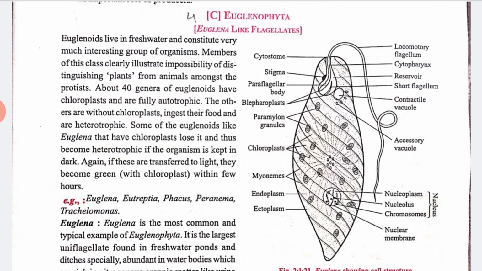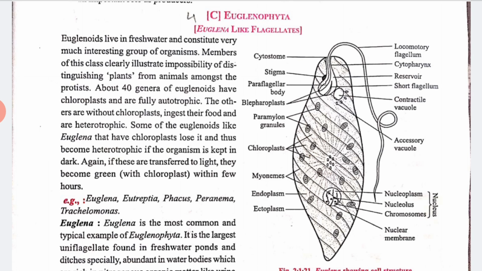About 40 genera of euglenoids have chloroplasts and are fully autotrophic. The others are without chloroplasts, ingest their food and are heterotrophs. Some euglenoids like Euglena that have chloroplasts can lose them and thus become heterotrophic.